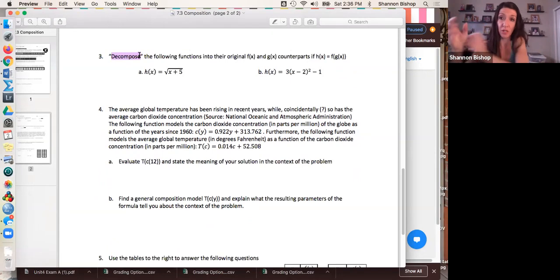So instead of putting two functions together, this time they're already together and you're gonna separate them back out. The following functions have two counterparts, f and g, and those two counterparts came together to make what you see here, and that is h. So this dude's name is h, but h is really the composition of two other creatures named f and g.